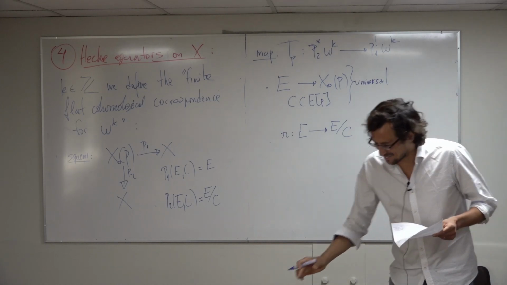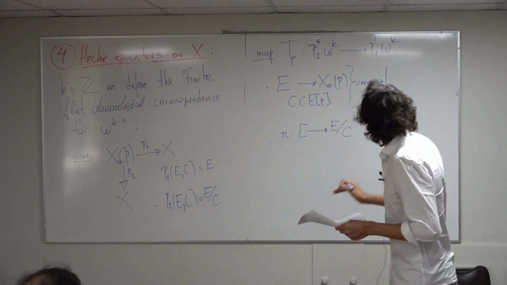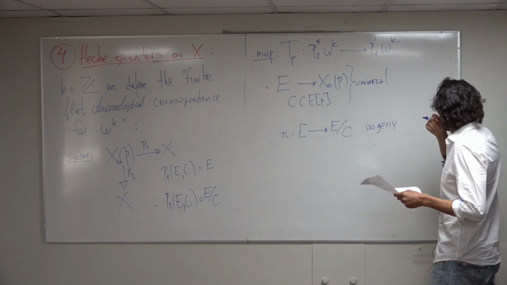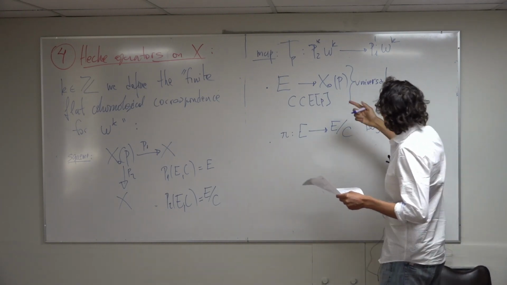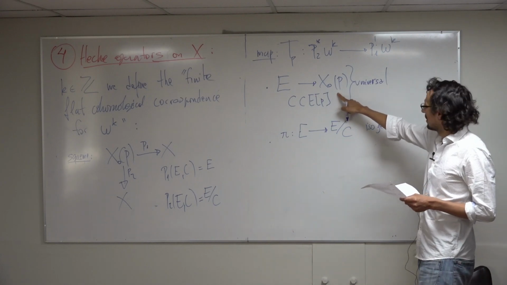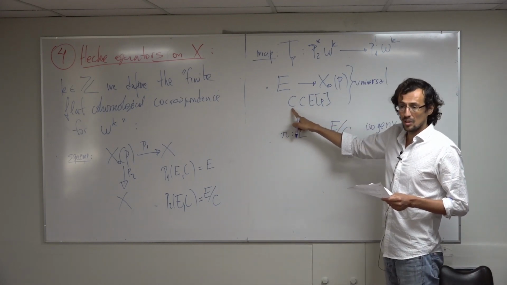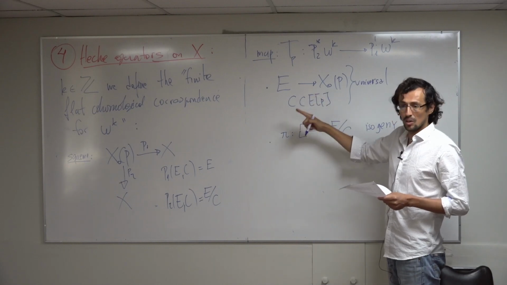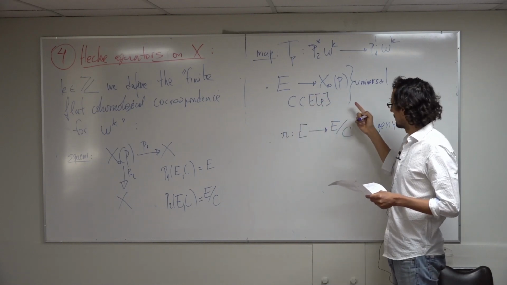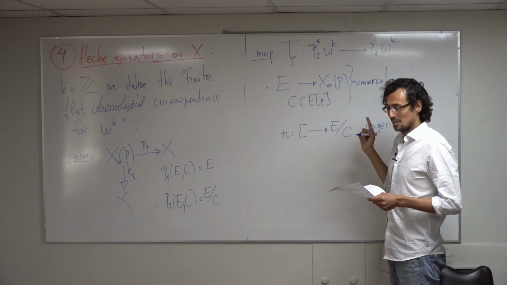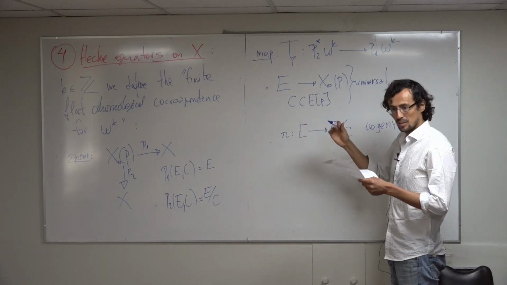By the way, I take advantage of it because sometimes you can use the moduli problem of X0P, thinking about having a subgroup of degree P, or parameterizing elliptic isogenies of degree P. So it's equivalent.